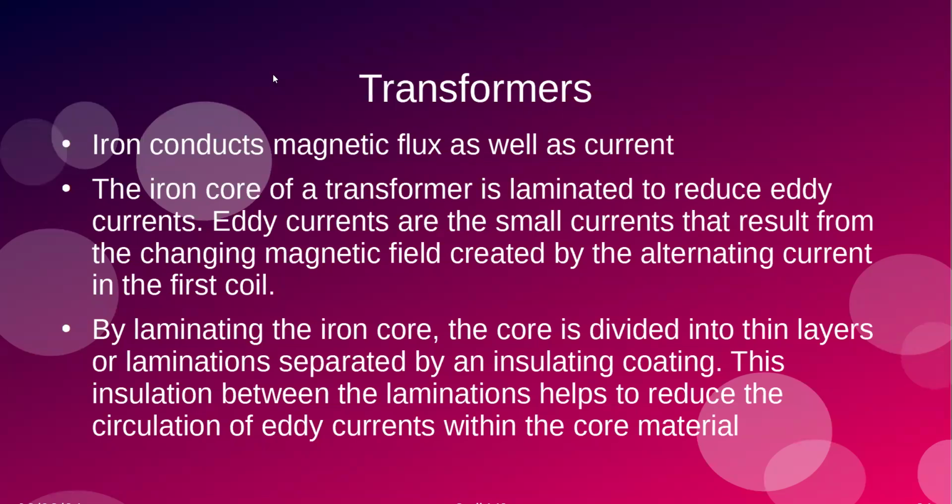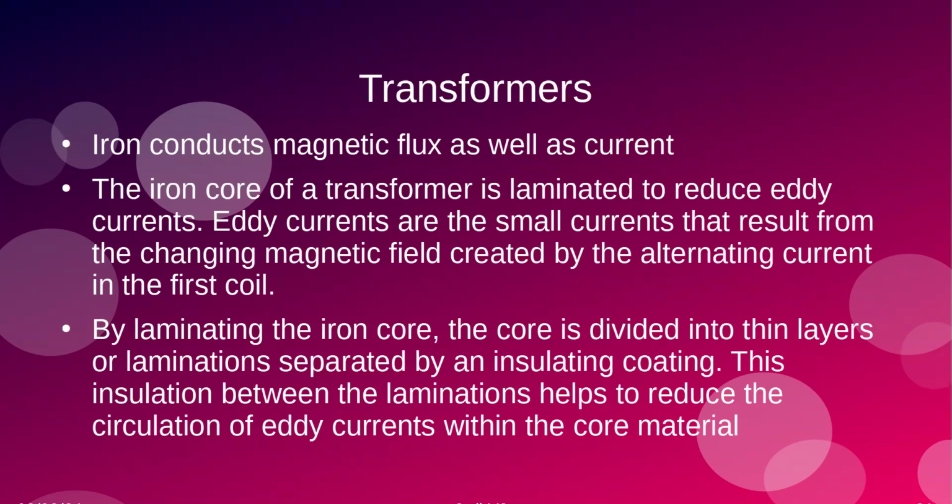Okay. You can use iron as well as ferrites. And normally, until recently, almost all power transformers were made with an iron core. And they make it in very thin laminations that are coated so they're insulated.